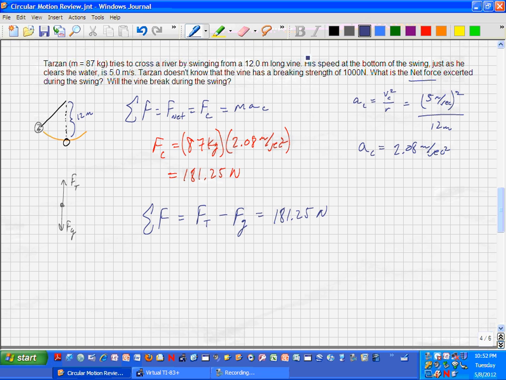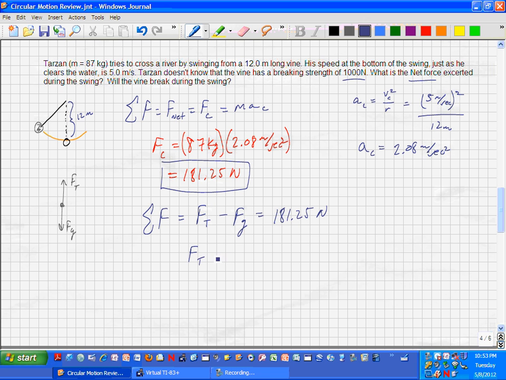All right, so here's what we're going to do. We're going to solve for tension, because that's the second part. We already figured out the net force. That's here. So the second part is we're going to figure out the tension, because we want to see if the vine will break. If that tension is greater than 1,000 newtons, then the vine will break.